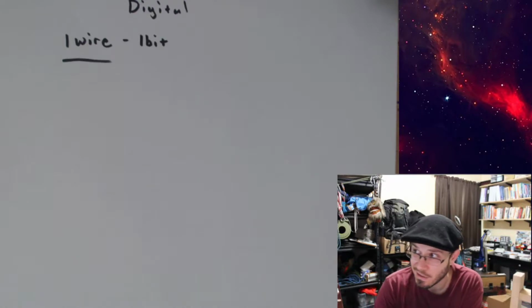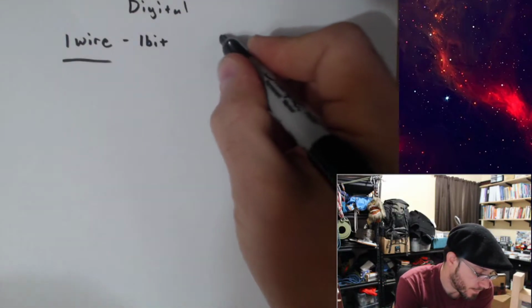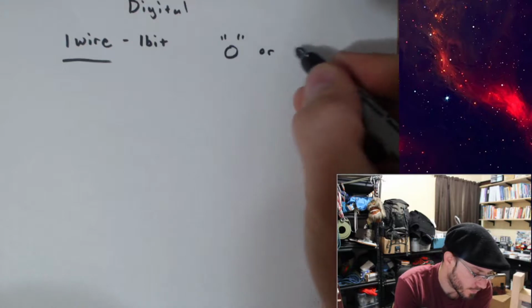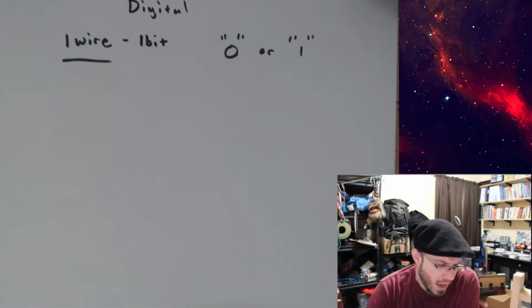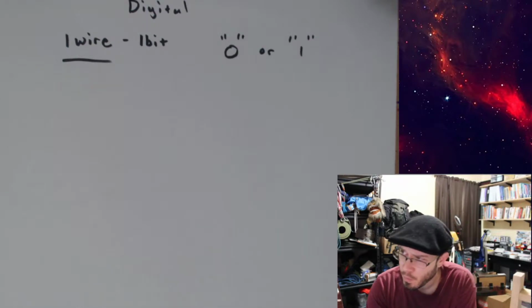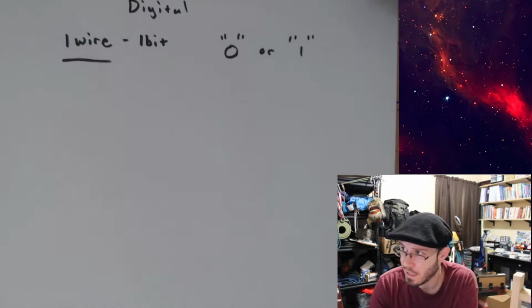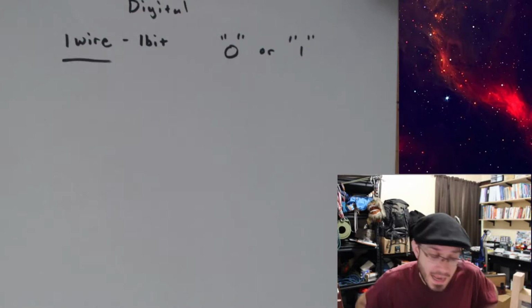It's either going to be a 0 or it's going to be a 1. And this is great if we want to use multiple wires to represent multiple bits in order to be able to hold and move data.